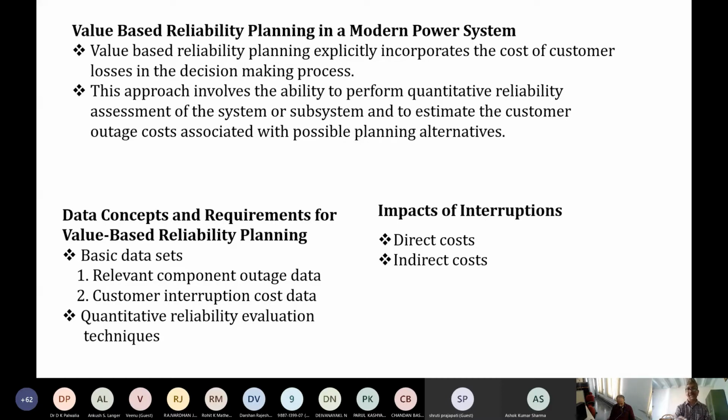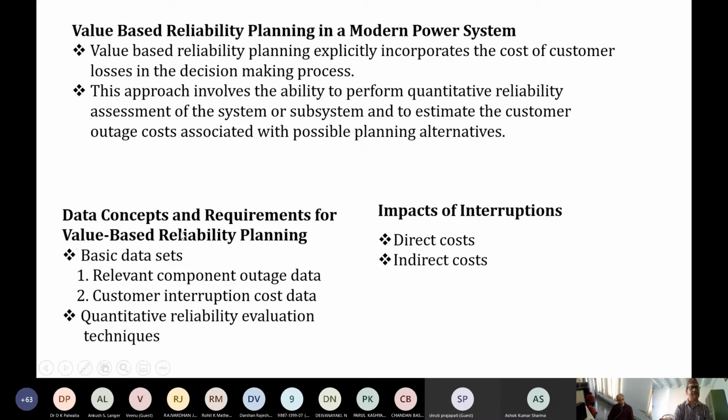When I make investment that results in optimal reliability, then the sum of investment cost and the customer interruption cost will be at its minimum. So that we need to find out, and based on that we need to make investment decisions in a modern power system. So what is required for this approach?